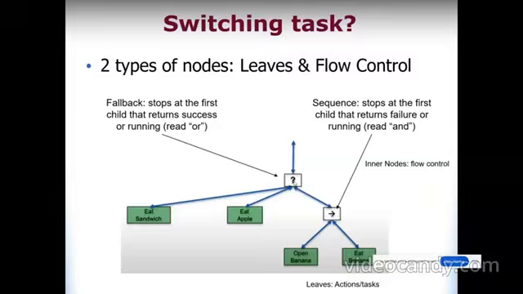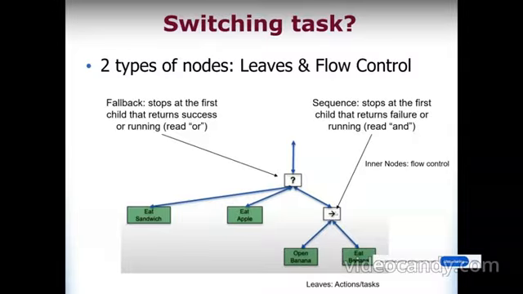So the game engine will be executing this for each update. We know that the update method in Unity will be called every time frame. So we will run this behavior tree every time we call the update. So it will be continuously evaluated.